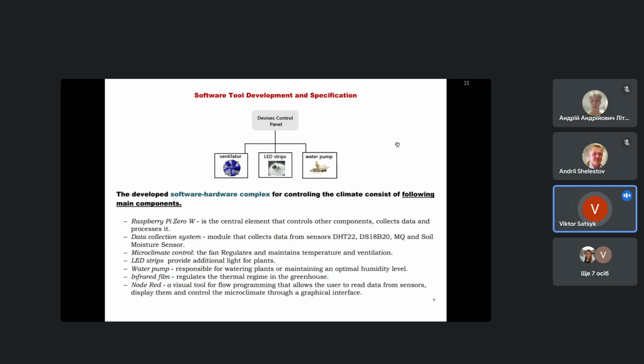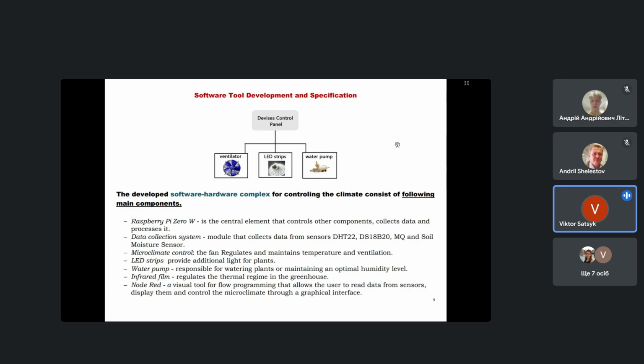Data collection system module collects data from sensors DHT22, DS18B20, MQ, and soil moisture sensor. Microclimate control: the fan regulates and maintains temperature and ventilation. LED stripes provide additional light for plants. The water pump is responsible for watering plants or maintaining an optimal humidity level. Infrared film regulates the thermal regime in the greenhouse.